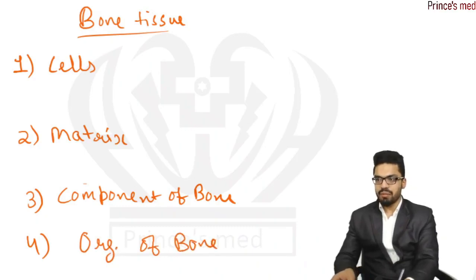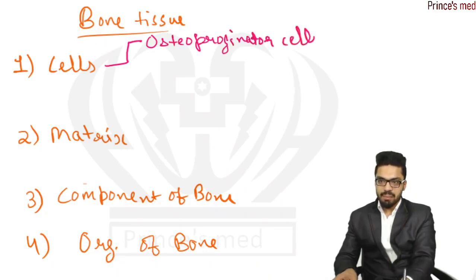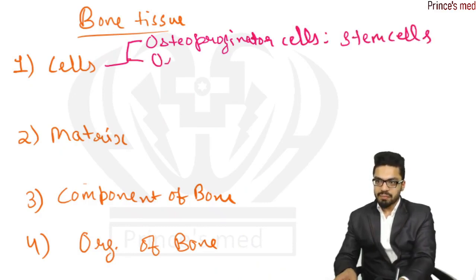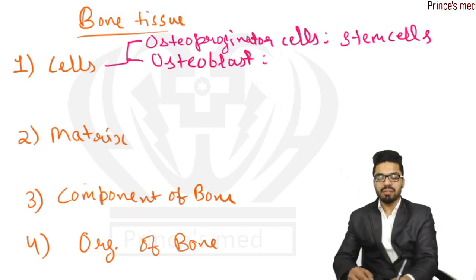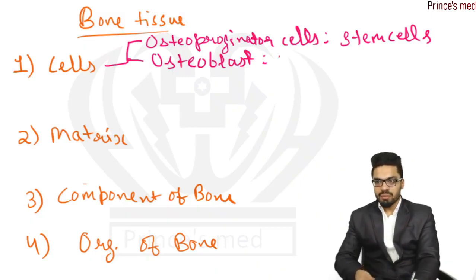So first of all, we will see cells. We have in bones osteoprogenitor cells, also known as stem cells. They give rise to osteoblasts and osteoclasts because they are the stem cells of our bone. Osteoblasts have the function of secreting bone matrix.